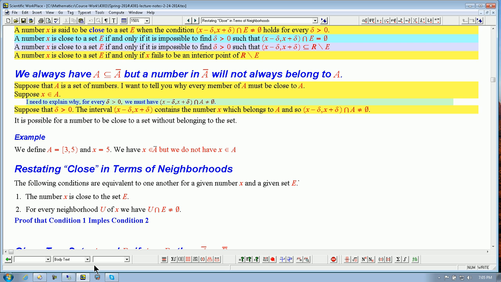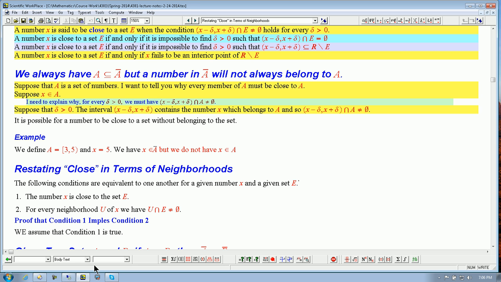How do you prove that condition 1 implies condition 2? We assume that condition 1 is true. You understand? Our job is now to prove condition 2.